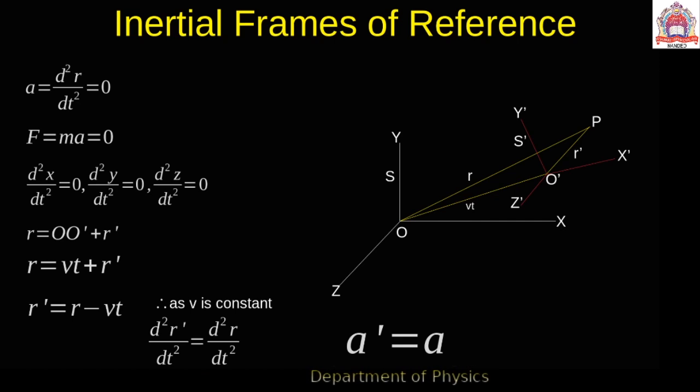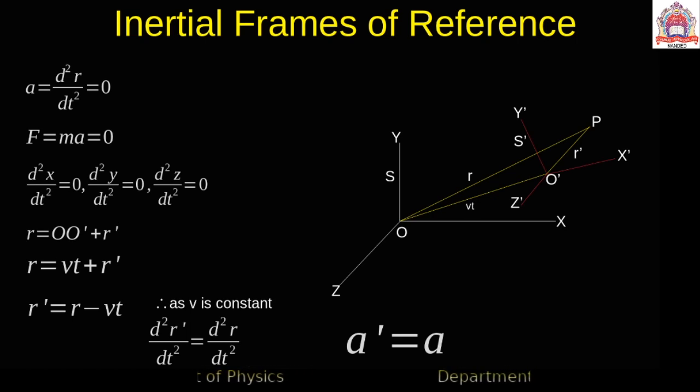If a frame is fixed on the earth, this frame will not be inertial because the earth is spinning about its axis and simultaneously it is moving in its orbit round the sun. For many purposes, the earth is a fairly good approximation to an inertial frame.